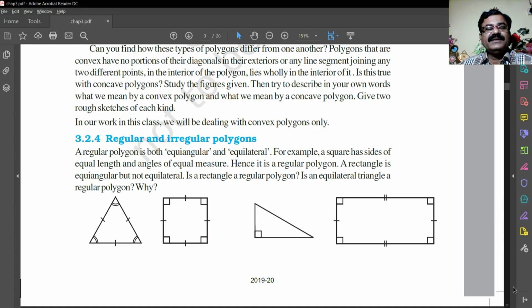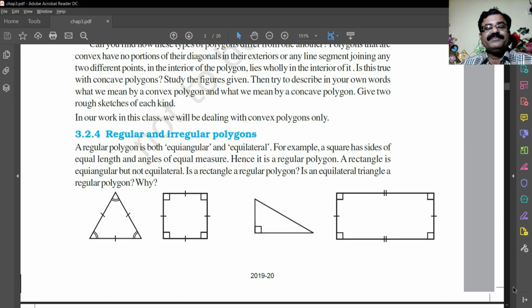A rectangle is equiangular but not equilateral. So very easily we can identify which one is regular and which is irregular. Regular means both angles and sides are equal to each other, while if the equality does not hold in angles and sides, it is called an irregular polygon.